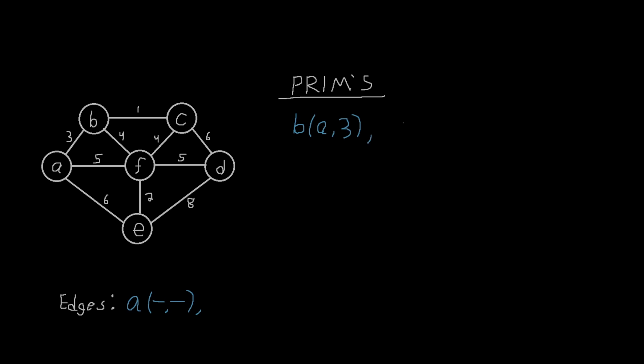Now if we look at C, we actually can't get to C from A at all. So the way we're going to mark that is we're going to put a dash, because nothing that we currently have can go to C. And the weight we're going to put as infinity.